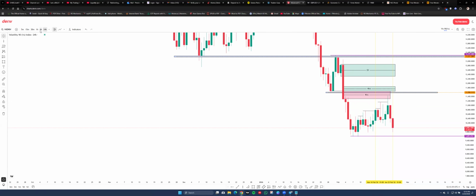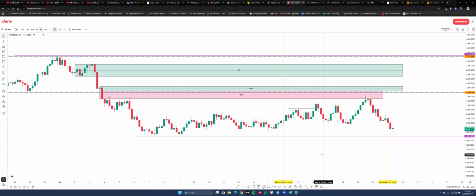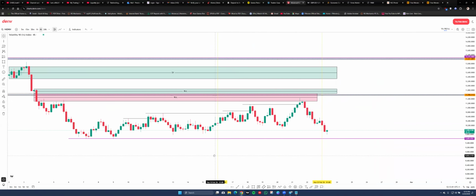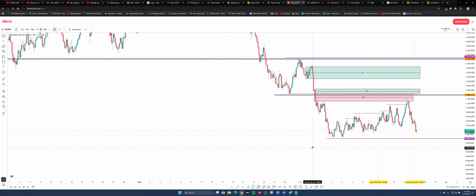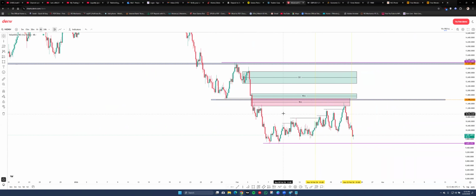If you look at it on 4 hours, remember one of our rules: if the market has a trending move back to the area of interest, then you would want to wait to see the market break structure. The market has to break a structure for you to get into the trade. That's how you confirm it.